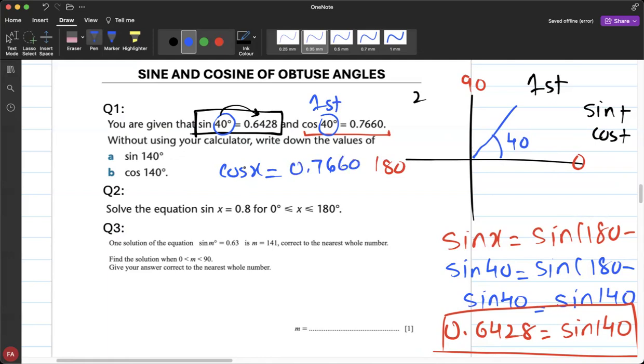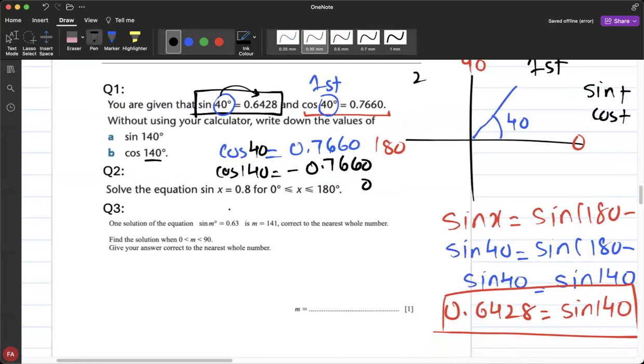Now, where does 140 lie? Can I say 140 lies in the second quadrant? It's an obtuse angle, cos 140. Wouldn't that be equal to the negative of this? That's it. We were supposed to just write down the values. That's all I did.